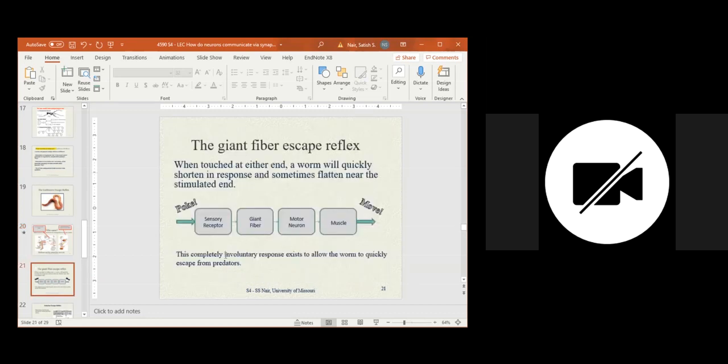For an earthworm, there is a sensory receptor, giant fiber, and that goes through this giant fiber to a motor neuron, and then goes to the muscle. So the sensory receptor, if this fires a spike, if it's at the anterior end, 1 spike here will cause this muscle to move, is the point being made for the earthworm.